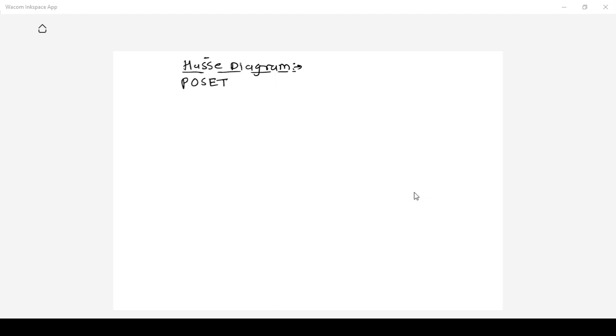Partial order relation is a relation which satisfies the three properties of binary relation, that is reflexivity, antisymmetry, and transitivity. So how can we represent this partial order relation using a Hasse diagram?